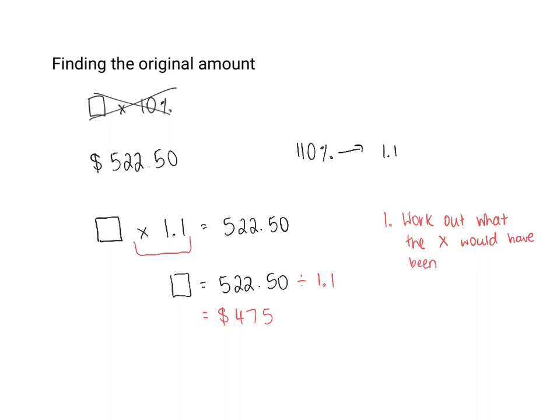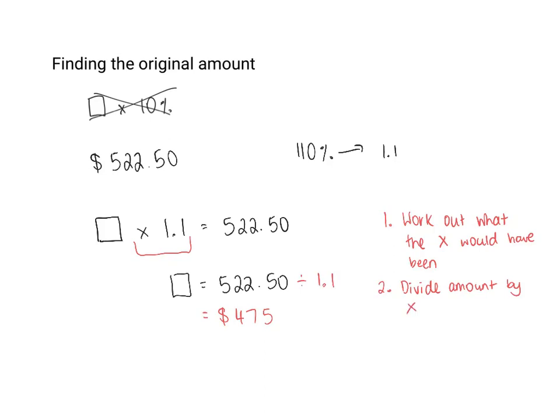In this case, it was 1.1. To increase something by 10%, I would have multiplied by 1.1. Step 2, divide the amount by the multiplier. Okay, so that's just in short.